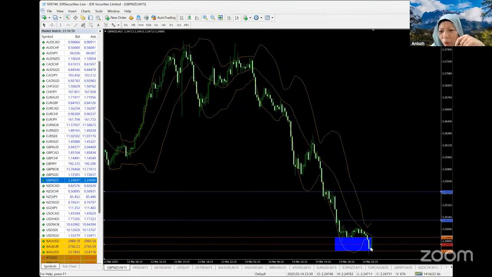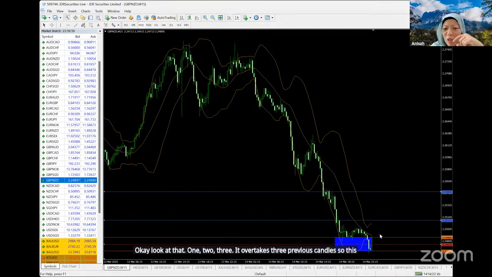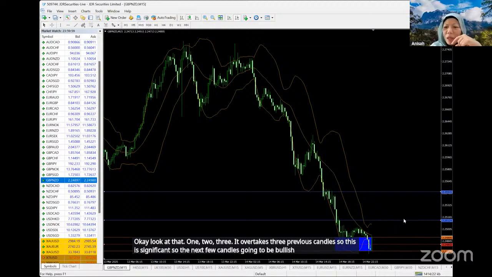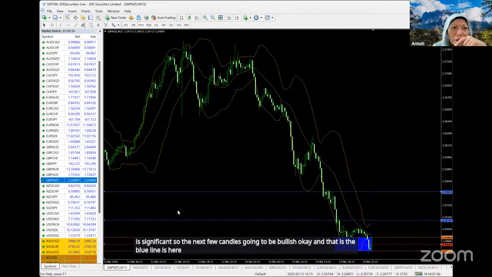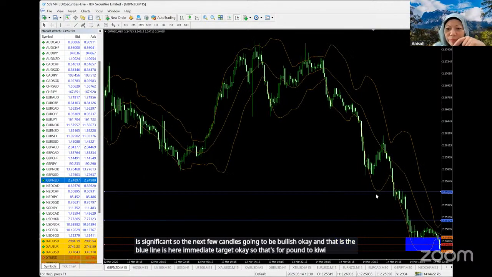Look at that, it overtook three previous candles, so this is significant. So the next few candles are going to be bullish, and the blue line is your immediate target. So that's for pound to kiwi.